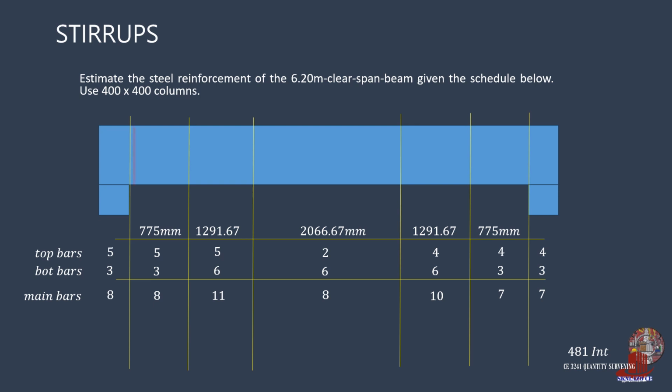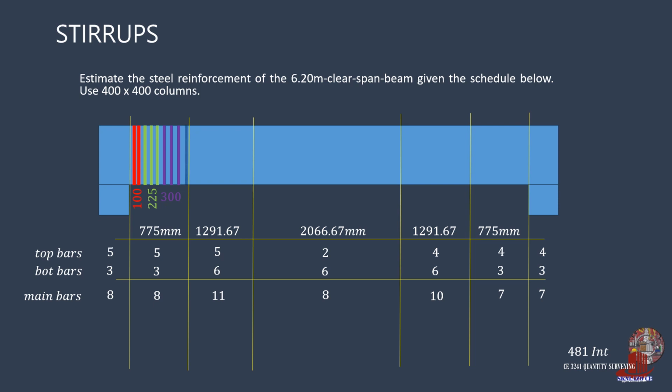From the column face, the first two stirrups are spaced at 50 mm, which consume 100 mm. The next is three stirrups spaced at 75 mm, which use another 225 mm. This is followed by another three stirrups spaced at 100 mm, making 300 mm.